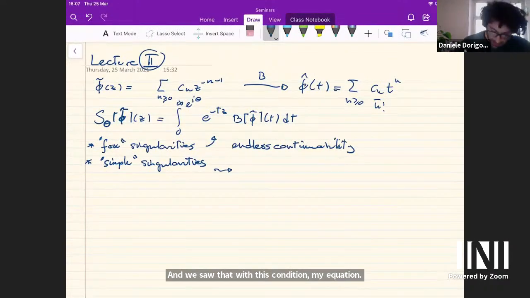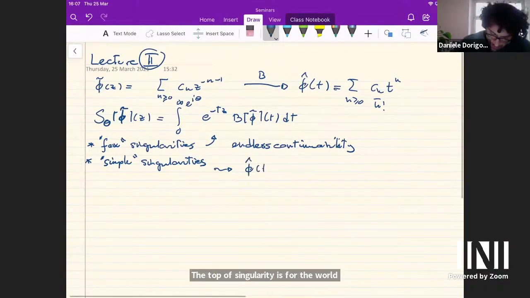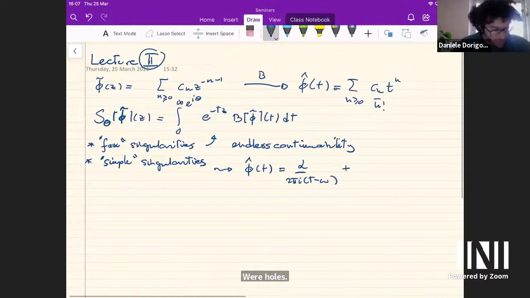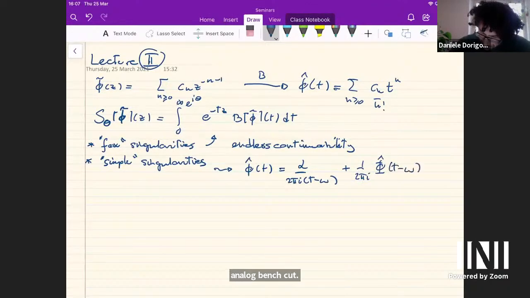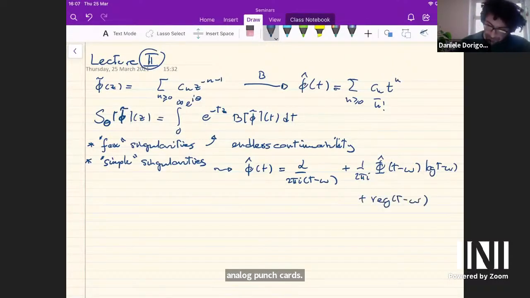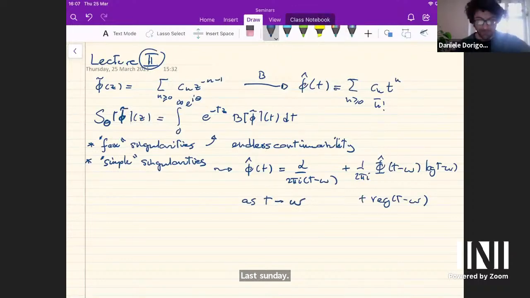The type of singularities for the Borel transform were poles and log branch cuts, plus some regular part as t tends to omega.